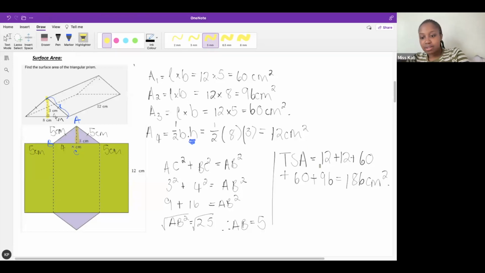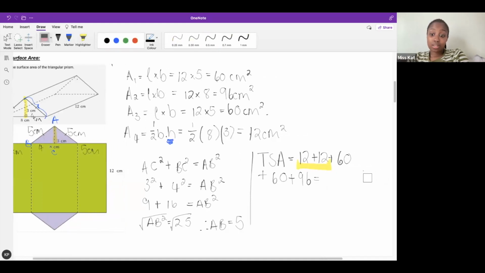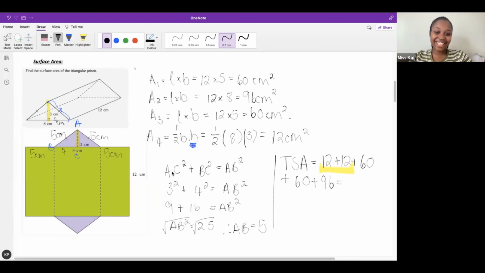Yes, but look here, Tando. Do you see I added it twice? Yes, ma'am. What's 12 plus 12? 12 plus 12 is 24. And what's 12 times 2? Ah, I think I'm looking at something else, ma'am. Okay, so you can either multiply by 2 or add it twice. Okay, ma'am. Thank you.